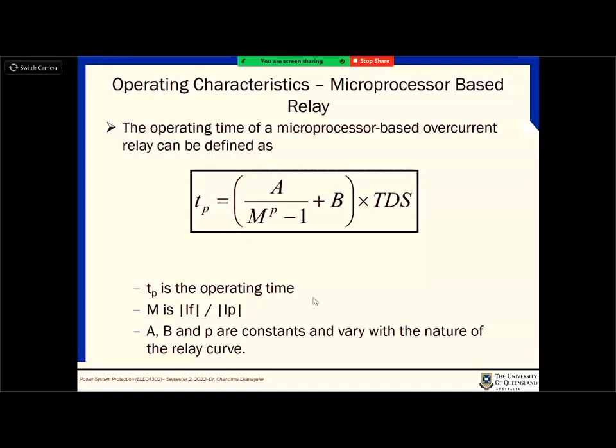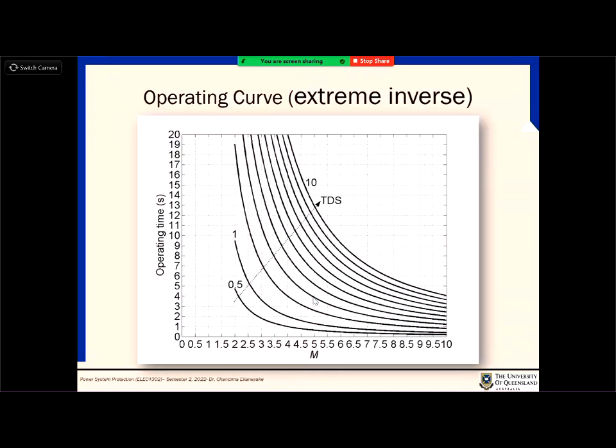Those parameters are defined in the standards. As in the previous explanations, you can see that for different values of M, you can define these curves. In normal calculations with numerical relays, you don't have to follow those curves. You can use the given equations to calculate those times.